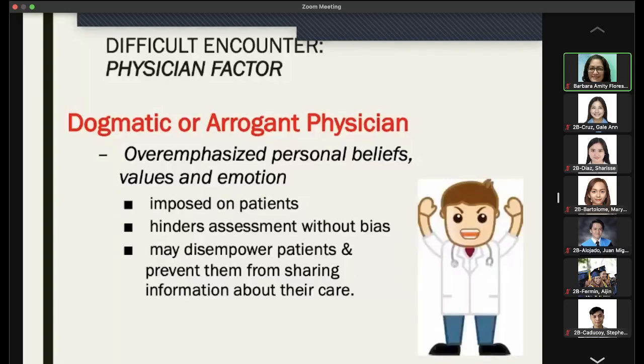When you are arrogant or dogmatic, it hinders assessment of your patients without bias. It may disempower your patients and prevent them from sharing information about their care. So it prevents openness in sharing of important information and will always lead to problematic encounters.